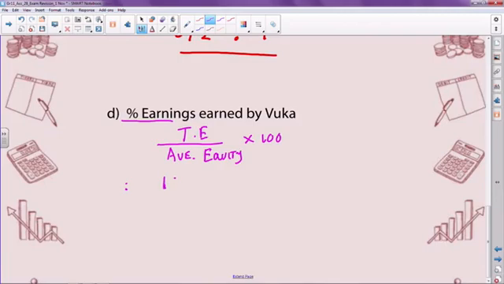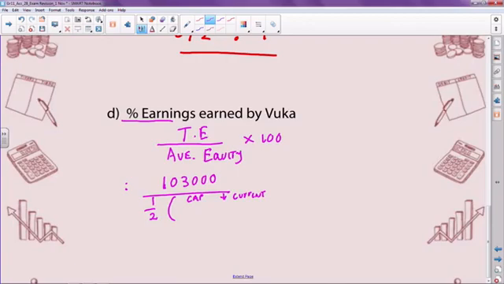And we're going to divide this by his average equity. So average means half of, open brackets, capital for the current year plus the previous year, as well as his current account for the current year and the previous year.